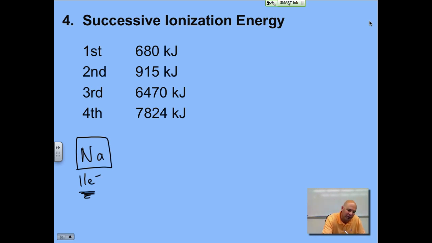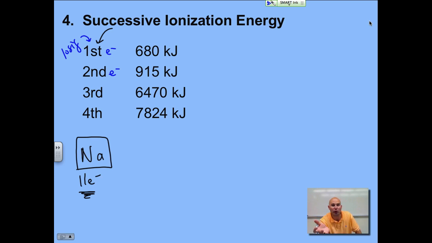When I say first, second, third, fourth, what I'm talking about is the successive ionization energy, losing the first electron, the second electron, et cetera. What this will tell us is wherever there's a huge jump in ionization energies, that's where the atom, which has now become an ion, is very happy.